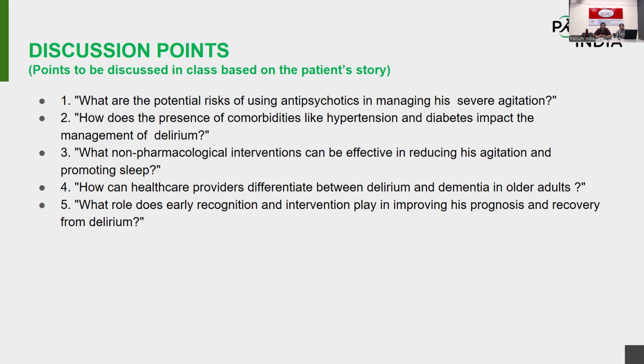Those patients having diabetes or hypertension, their health condition will be bad. We have already discussed that elderly people, more than 70 or 80, are very prone, and most of them will have these comorbidities. So they are more prone to develop delirium.